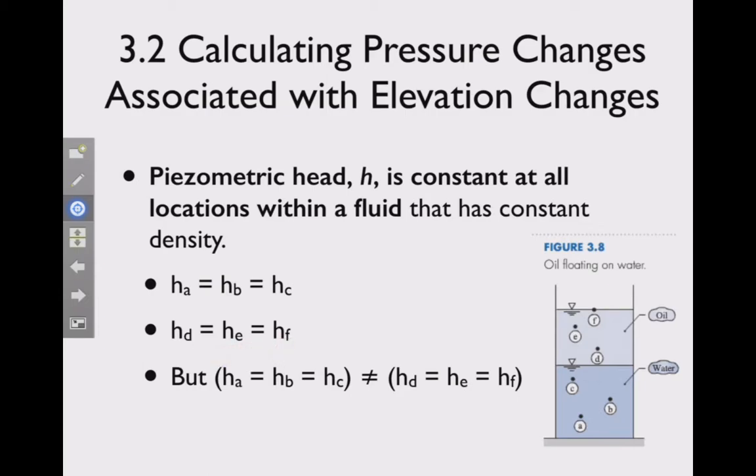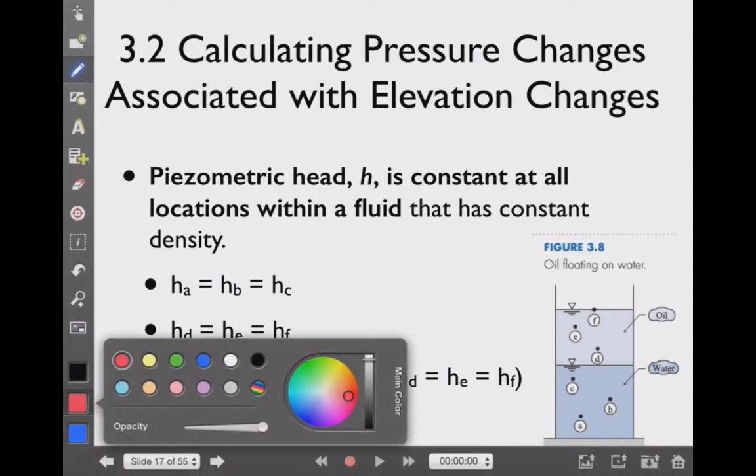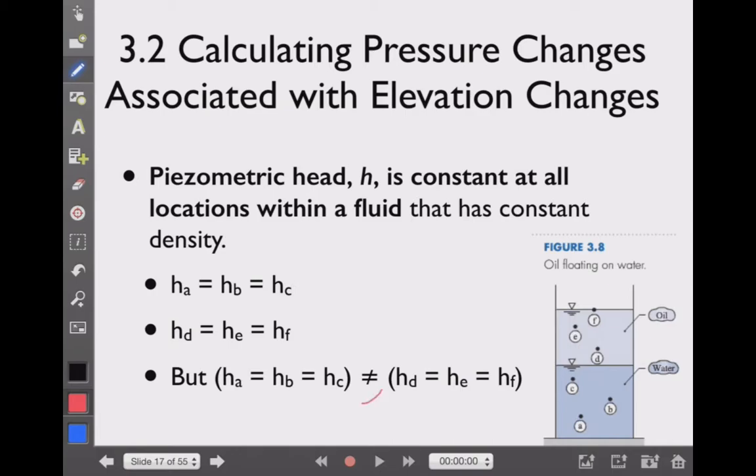Now, when we go into the water, the same is true. When we go down into here, the head at A, B, and C are all equal as well. But note that the gammas for the two different fluids are not equal. So the head values in the water and the head values in the oil are each equal within their fluid, but they're not equal to each other.